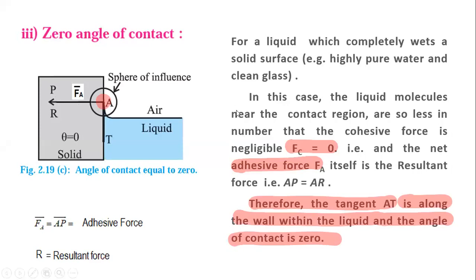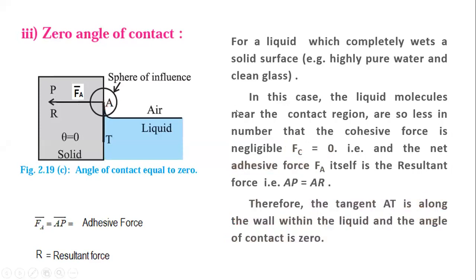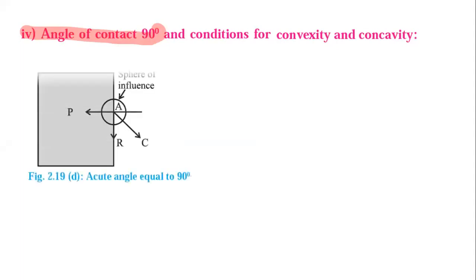Now one hypothetical case also we have to see, which is impossible. One case is a hypothetical case which is impossible, but okay, since it is given in your textbook, we will discuss it. Angle of contact 90. So let's see angle of contact 90.